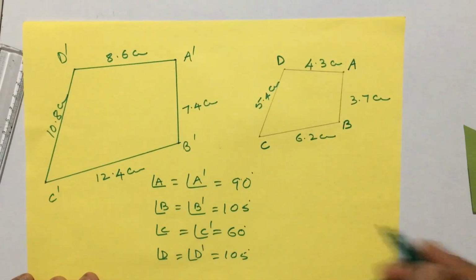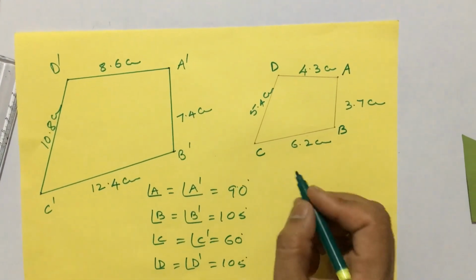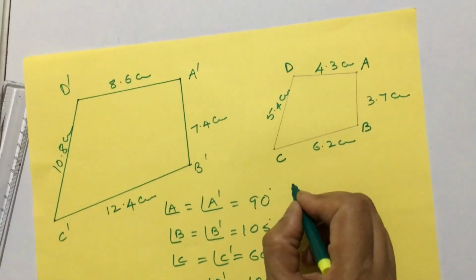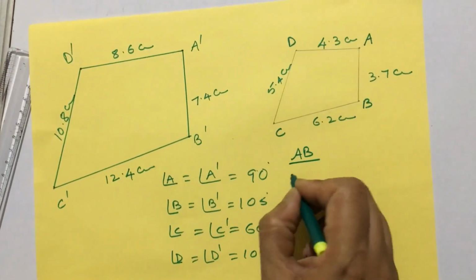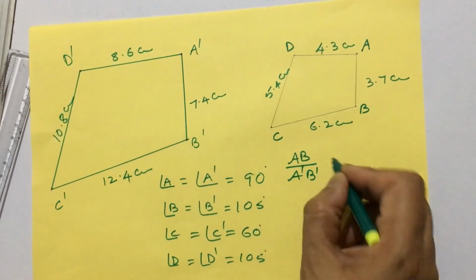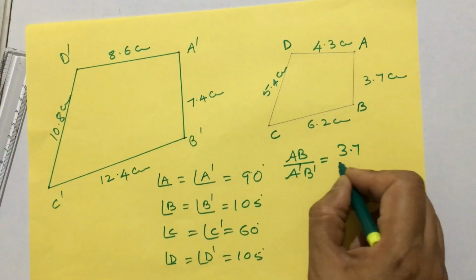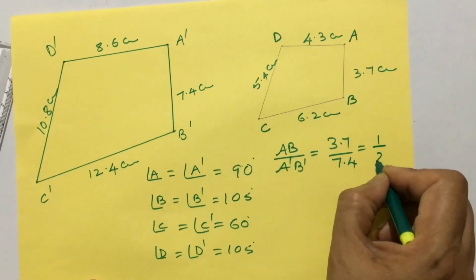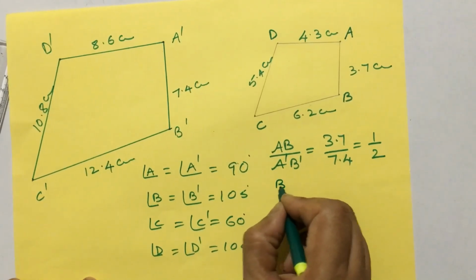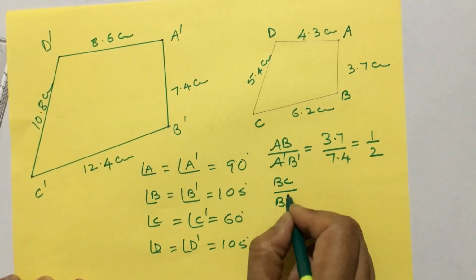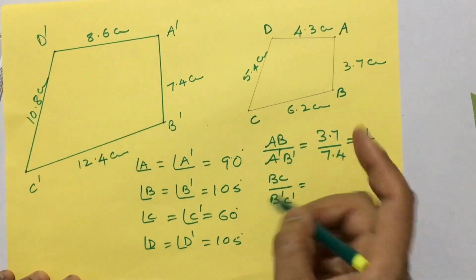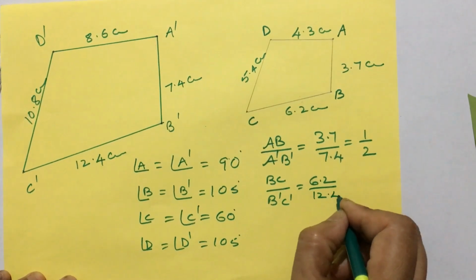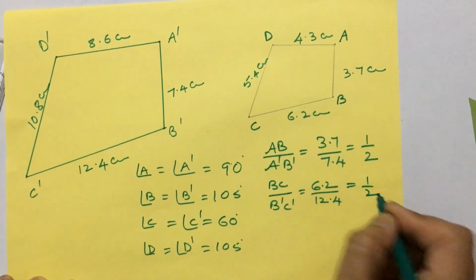After that, I have taken the ratios of the corresponding sides. AB by A dash B dash is 3.7 by 7.4, which is nothing but 1 by 2. BC by B dash C dash is 6.2 by 12.4, which is 1 by 2.